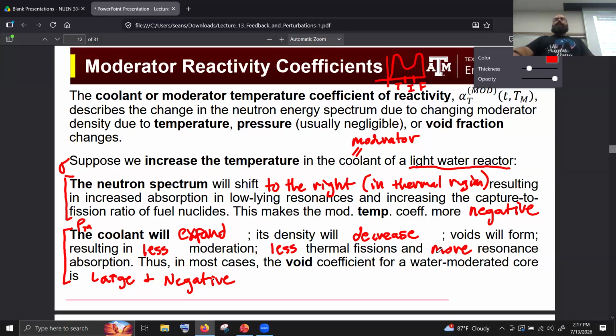And I think the dominant effect is this expansion of our moderator. It's more influenced by the expansion than by the shifting of the neutron spectrum. But both of those end up being negative, so they both end up affecting the moderator temperature coefficient in the same direction.